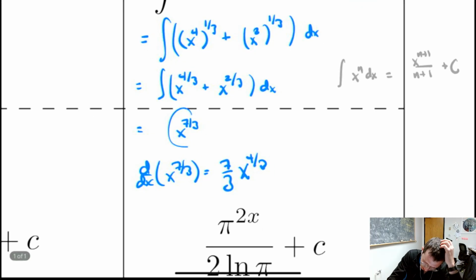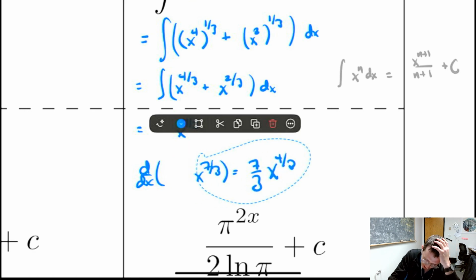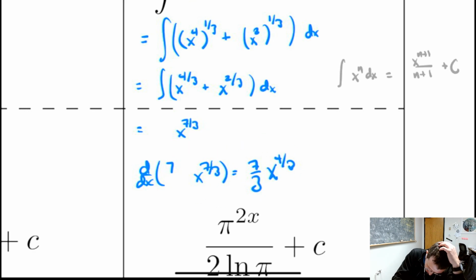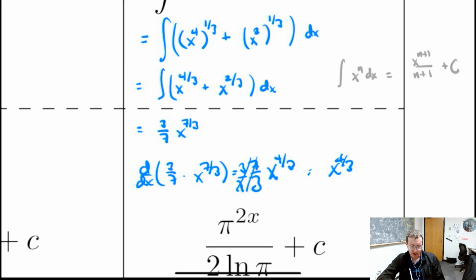But that's not what I want. I don't have a 7/3. How do I get rid of that unwanted 7/3? By multiplying by the reciprocal, 3/7. So my antiderivative of x to the 4/3 is 3/7 x to the 7/3.